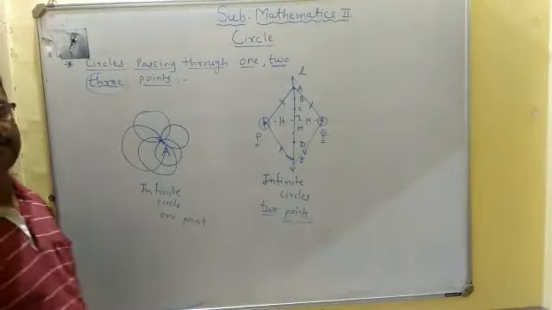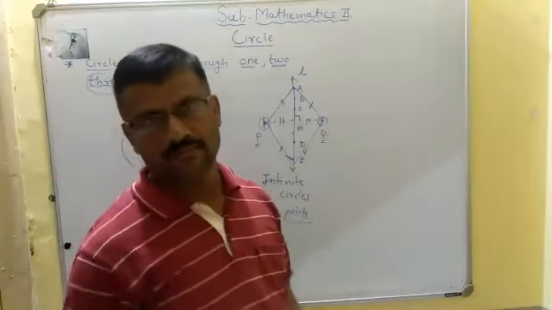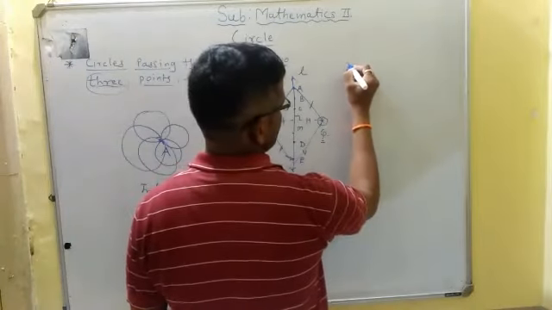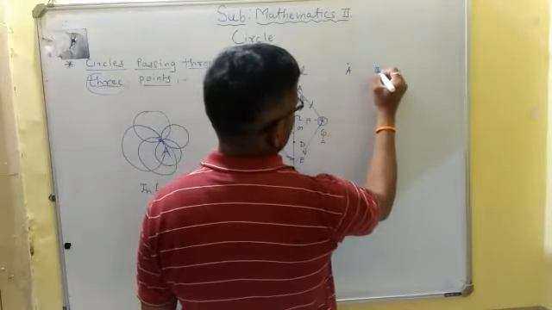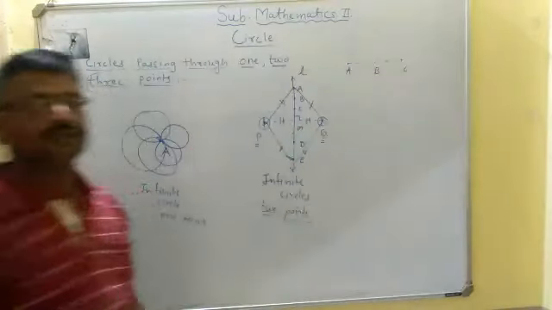What happens when you take the 3 points? There are two cases of taking 3 points. First, if we take the 3 points A, B and C which are collinear points, then what happens?